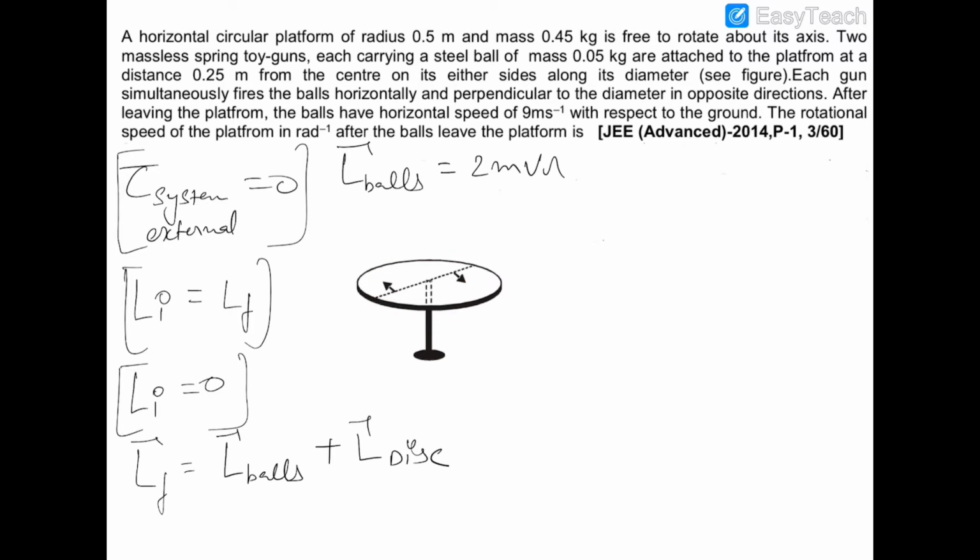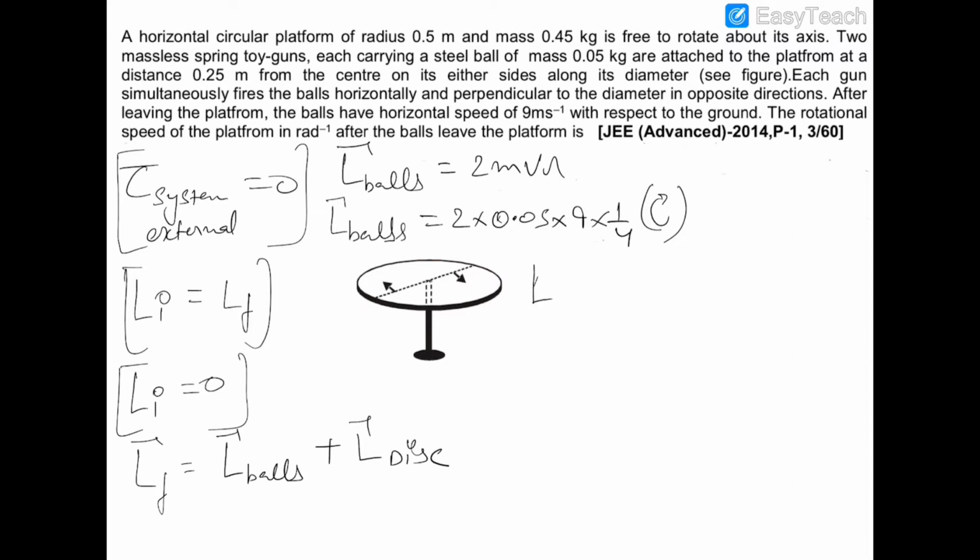So the total angular momentum of the balls will be twice the mass of the ball, which is given as 0.05, and velocity is 9, and the distance of these balls from the center is 0.25, which is 1 by 4. And this angular momentum is in clockwise sense.